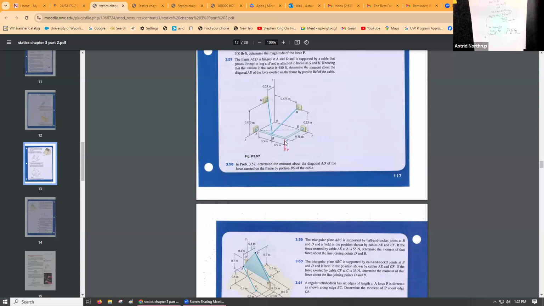Let me read through the problem one more time. It is hinged at A and D, tension in this cable, determine the moment about the diagonal of the force exerted on the frame. Okay, so let's just go from C to D for our vector instead, because that is on that vector AD, right? So let's say that R is going to be C to D.